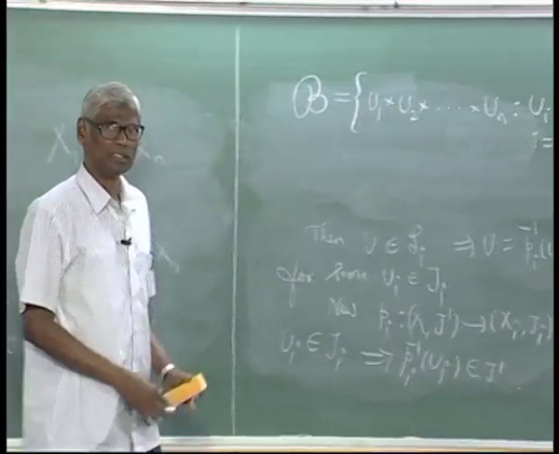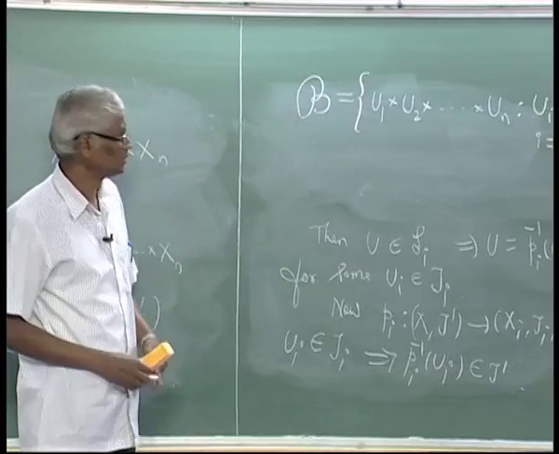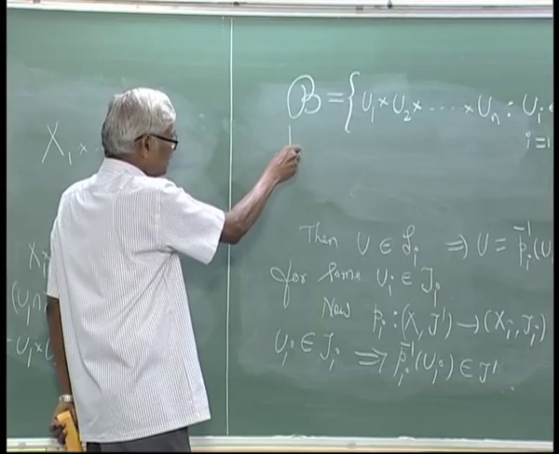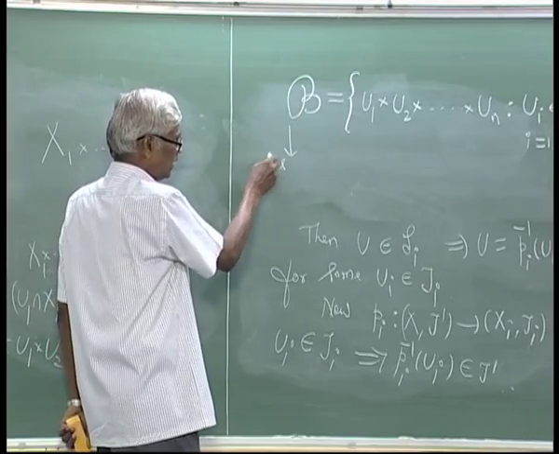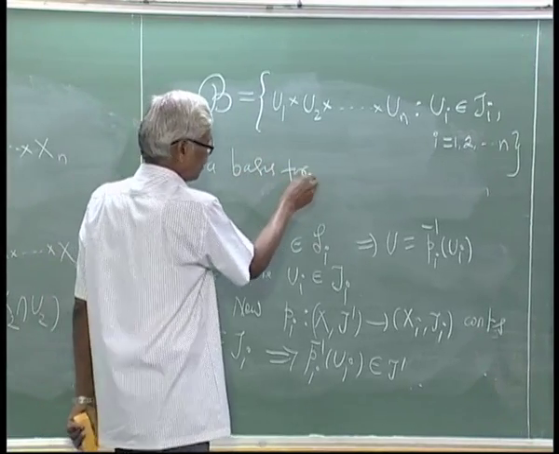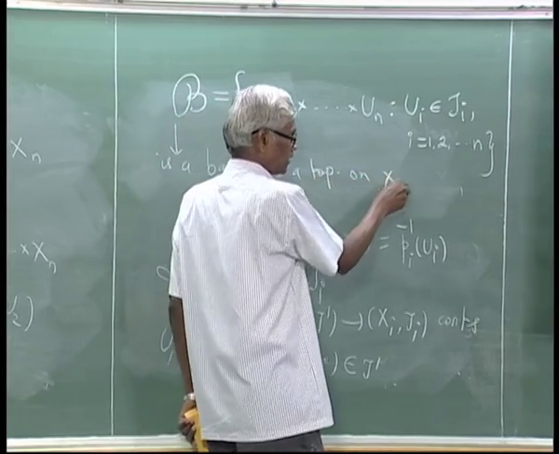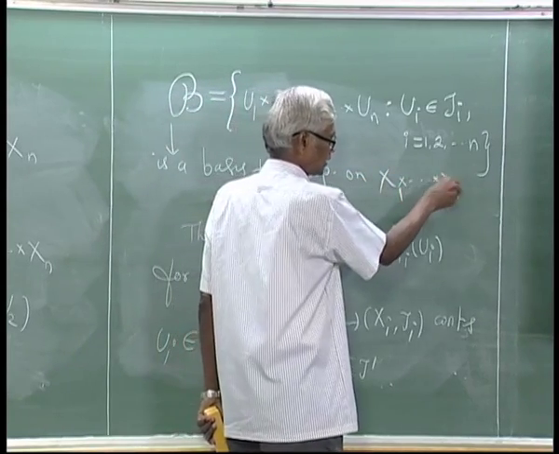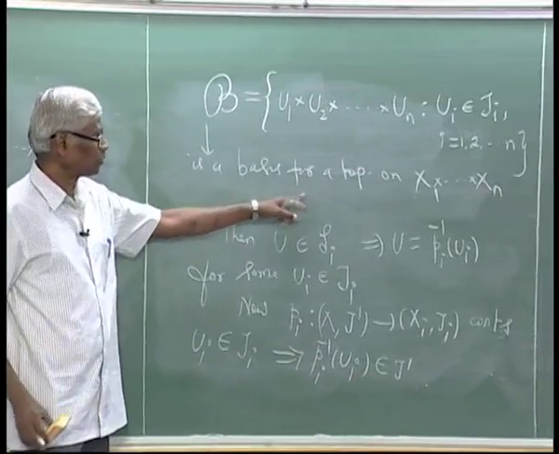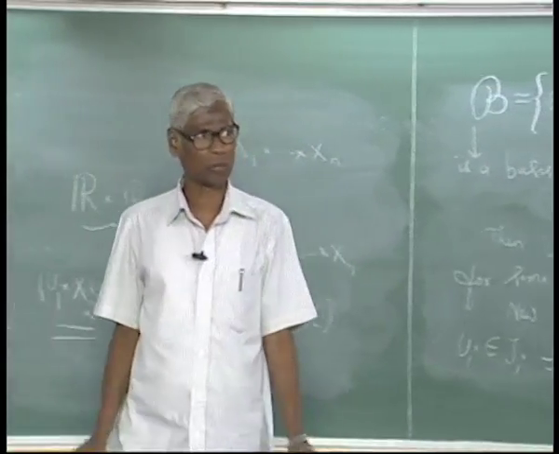In fact, we can even directly start with this collection, script beta, then this collection is a basis for a topology on X1 cross X2 cross Xn, and that topology generated by script beta is our product topology.